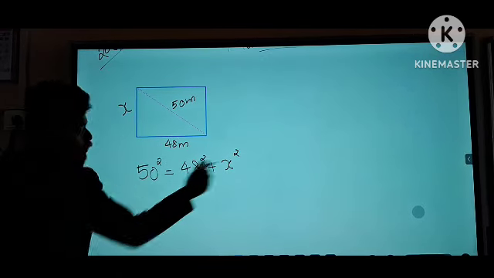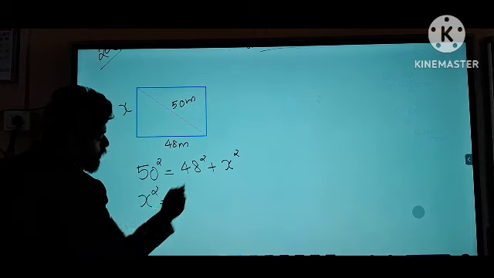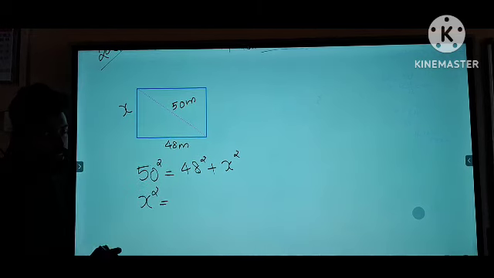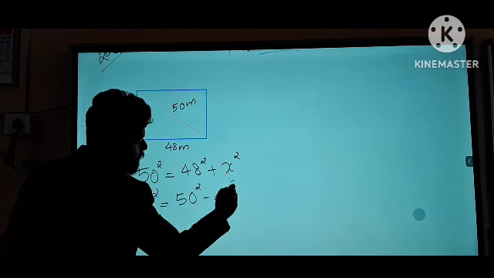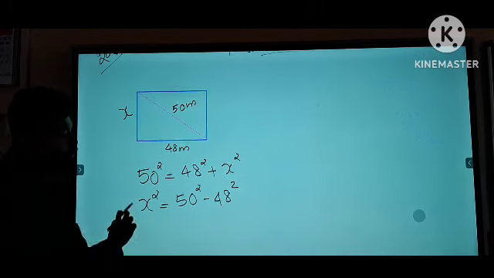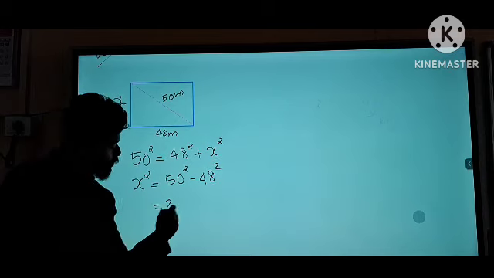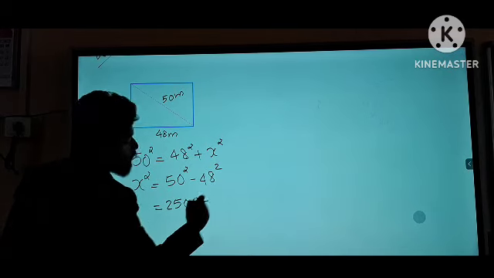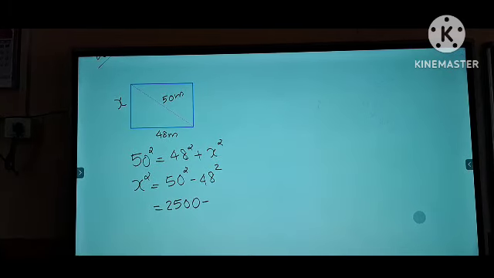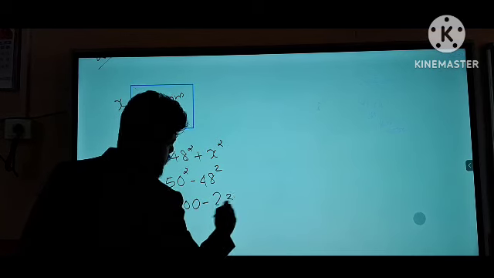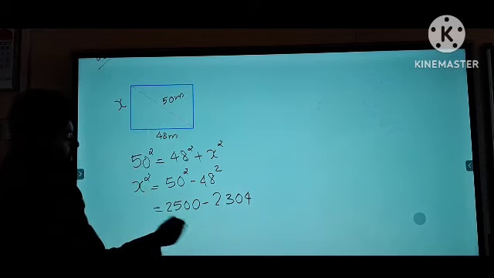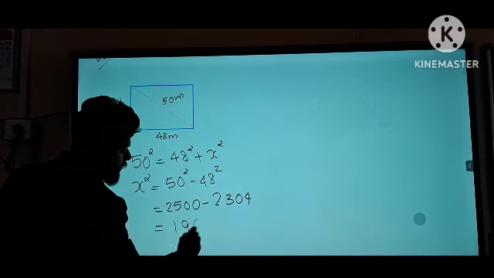So x square is equal to 50 square minus 48 square. What is 50 square? Yes, 2500. And what is 48 square? Yes, 2304. Now we subtract; the answer will be 196.